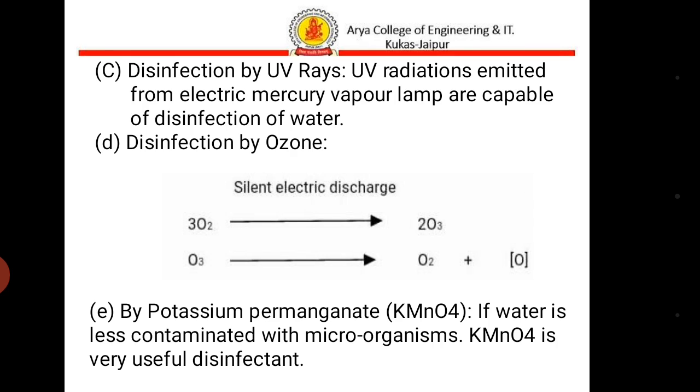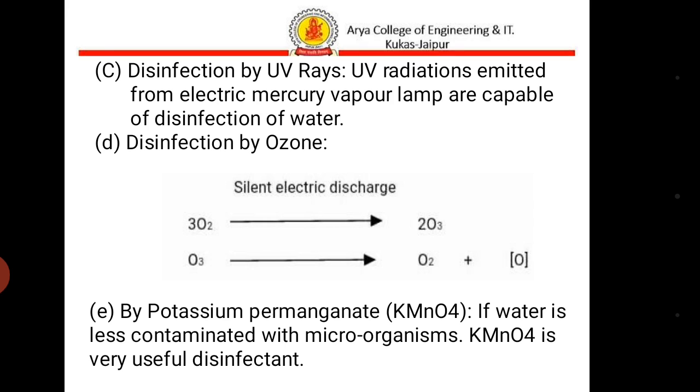C. Disinfection by UV rays. UV rays emitted from an electric mercury vapor lamp are capable of disinfecting water. D. Disinfection by ozone. Ozone is an excellent disinfectant which is produced by passing electric charge through dry and cold oxygen.